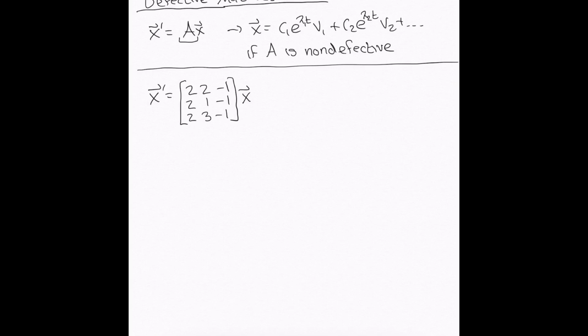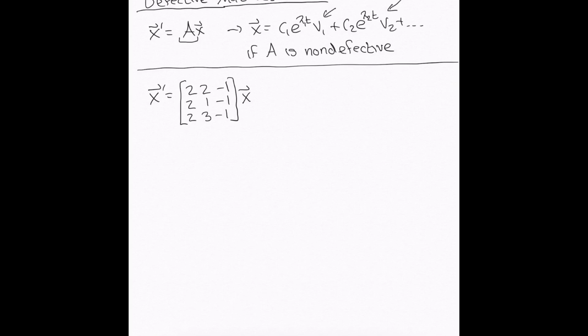And we said that if A is non-defective, then it's totally cool for us to write something out like this, where we have our solution being made up of exponentials to our eigenvalue, and then multiplied by our eigenvector. And as long as this matrix is non-defective, we have a set of n linearly independent solutions here that form our entire set. So we're good to go in that case.